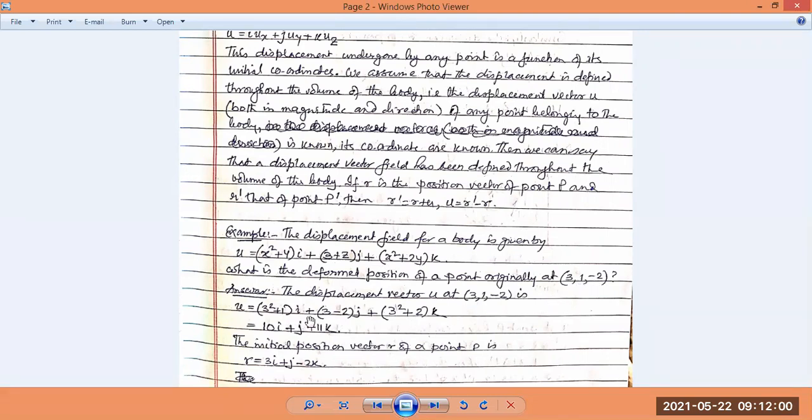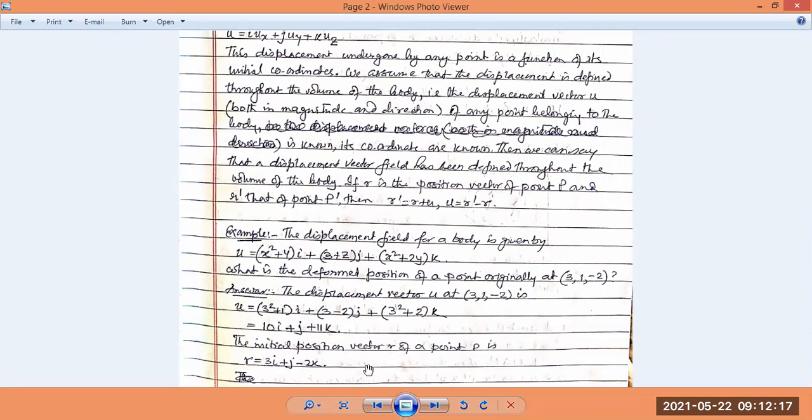So the displacement vector at this point will become 10i plus j plus 11k. So by knowing the position vector, we know the displacement vector there also.